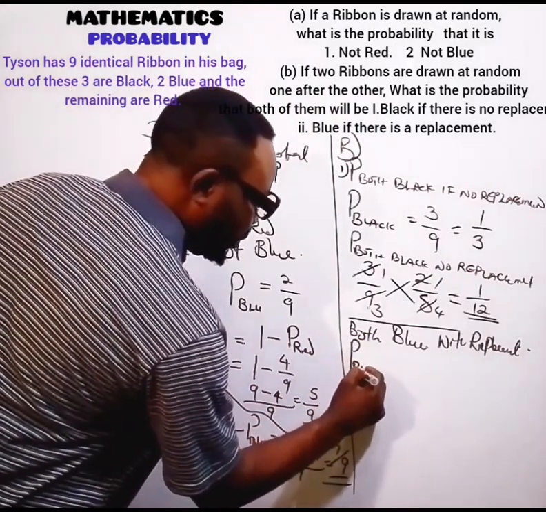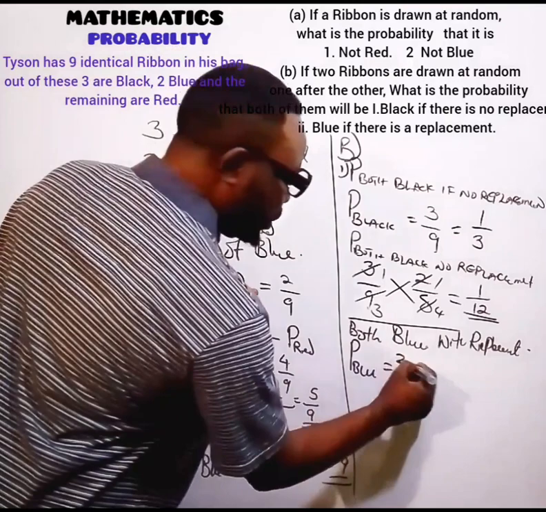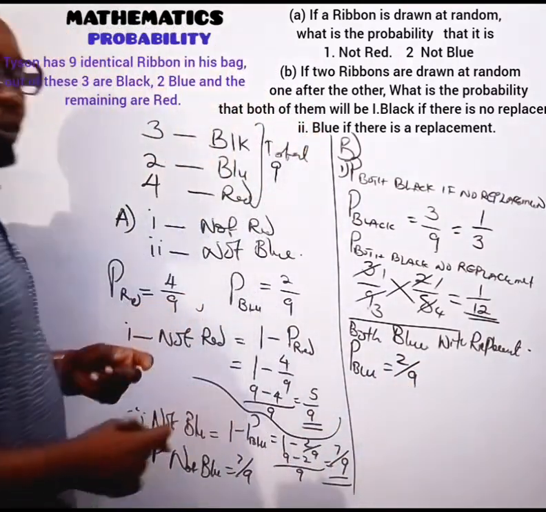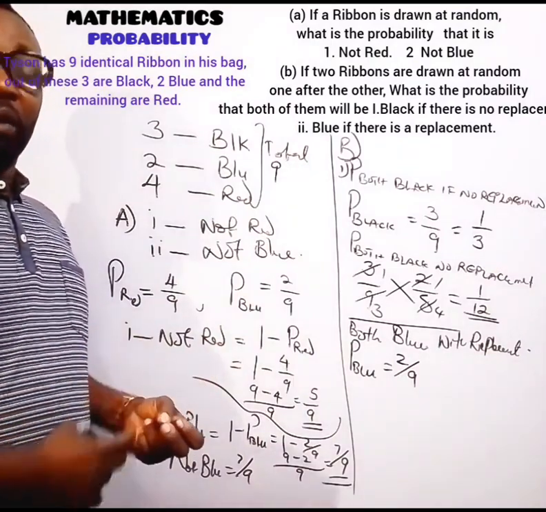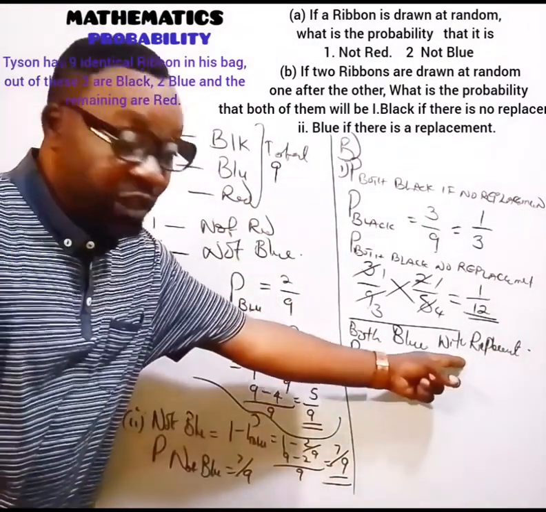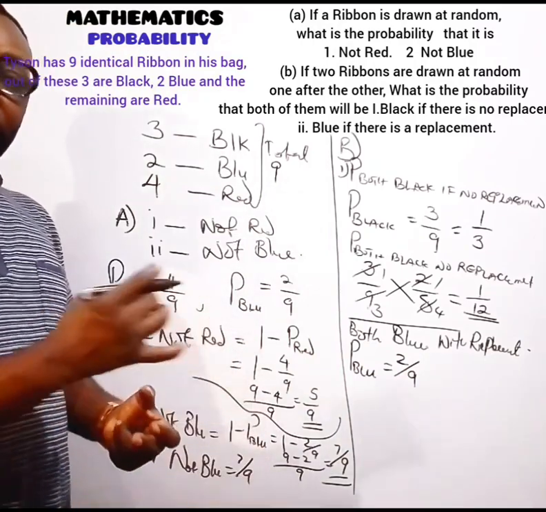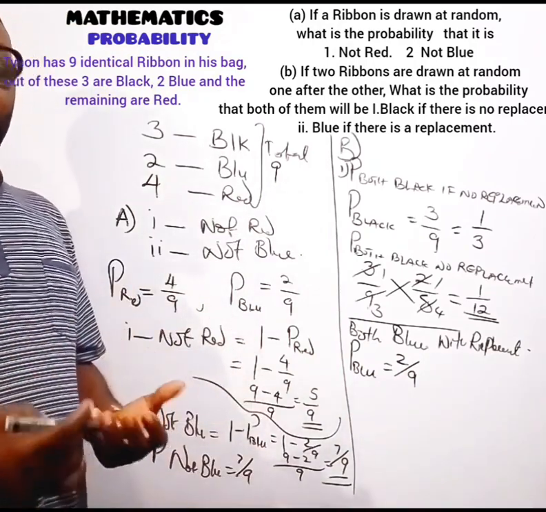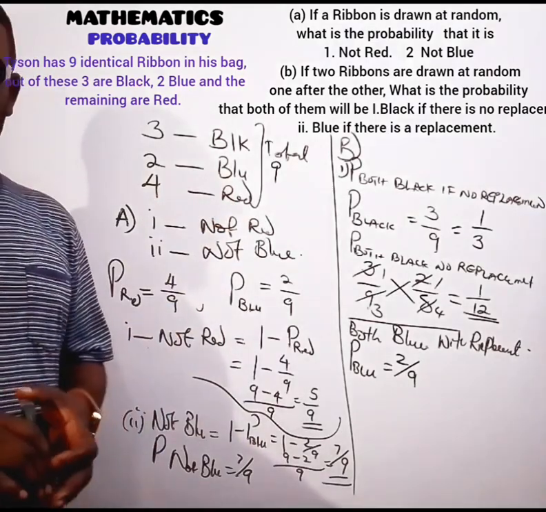Probability of blue is equal to, how many blue do you have there? 2 over 9. So it means that the first ball is blue, you pick it out, then you drop it back with replacement. You return it back into the bag, and you take another ribbon to find out the probability of picking that as well as blue.